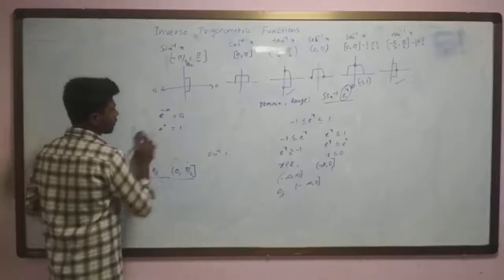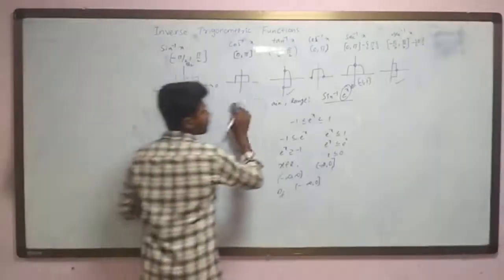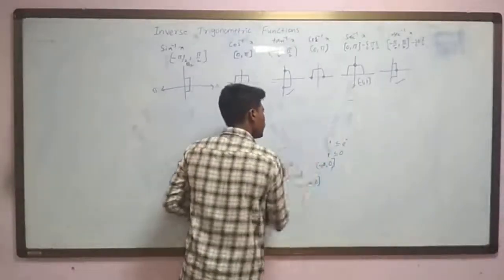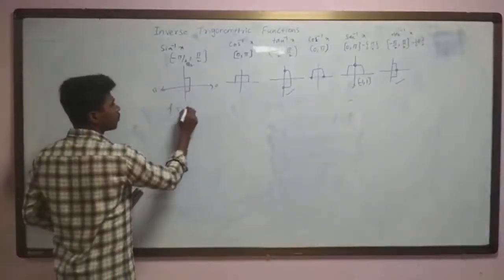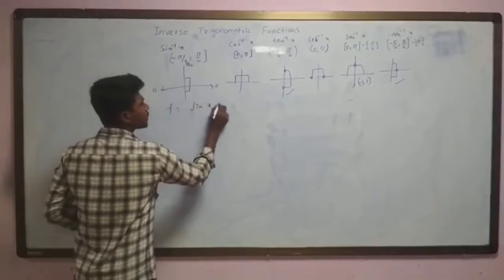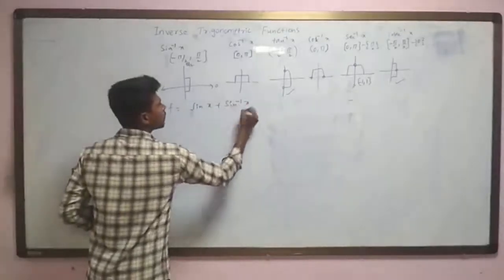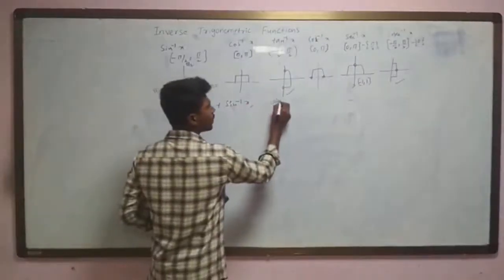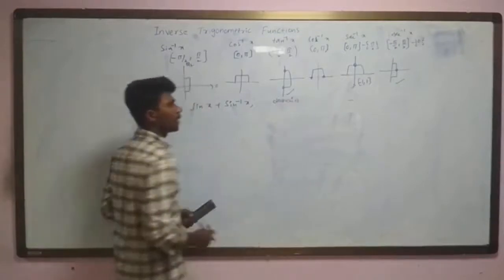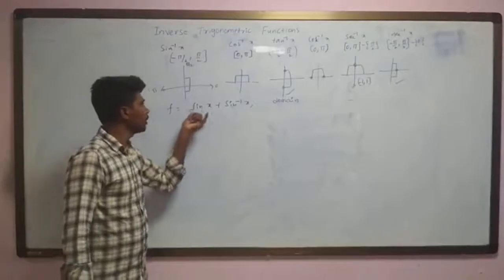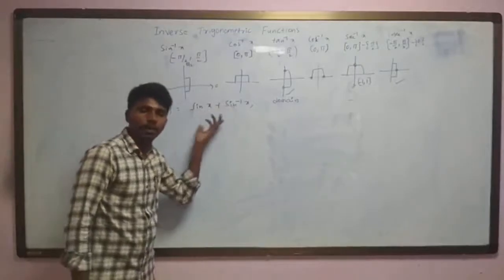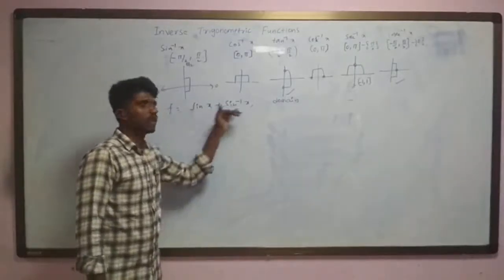One more question. If the function is given as f equals sin x plus sin inverse x, find the domain. What is the domain of sin x plus sin inverse x? If you have a combination, the domain is the intersection of the domains of the two functions.